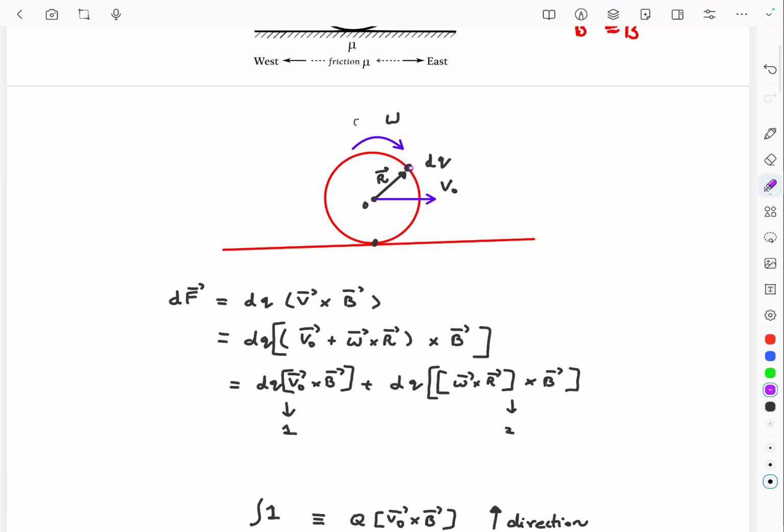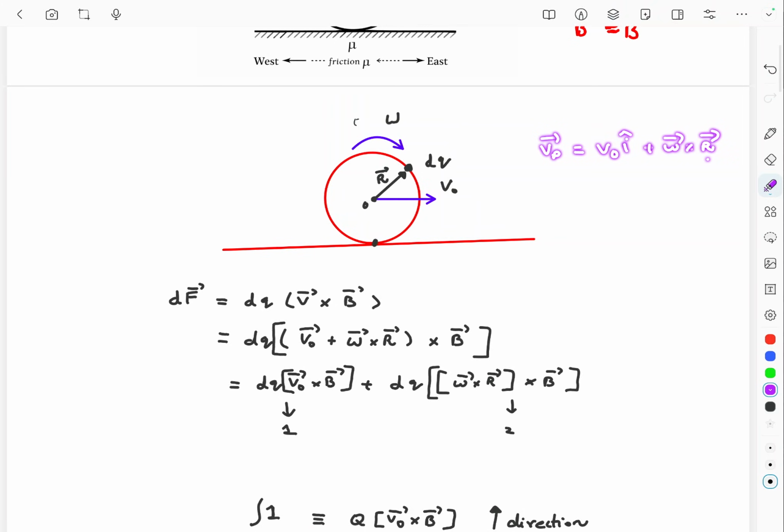Velocity of the center of mass is V naught, and velocity with respect to center of mass is omega cross r vector, right? Which is the omega r that we just directly write without any cross product. So the resultant velocity of point P effectively will become V naught i cap plus omega cross r.